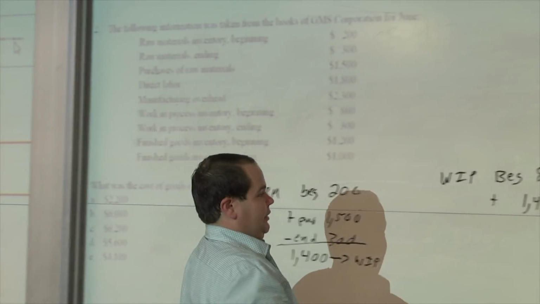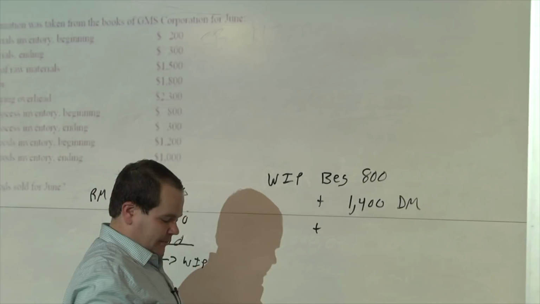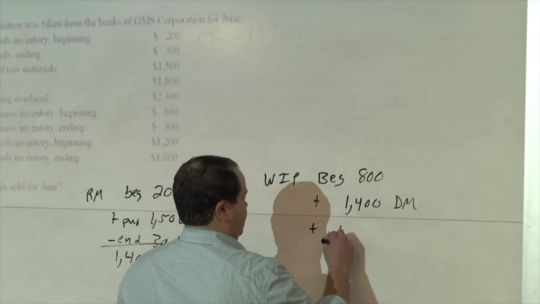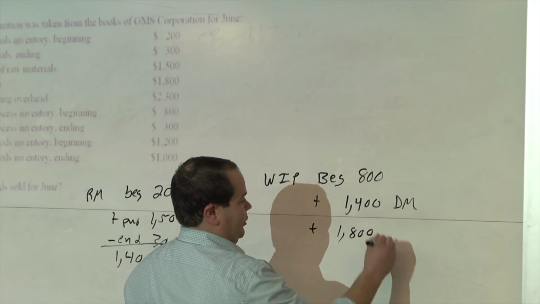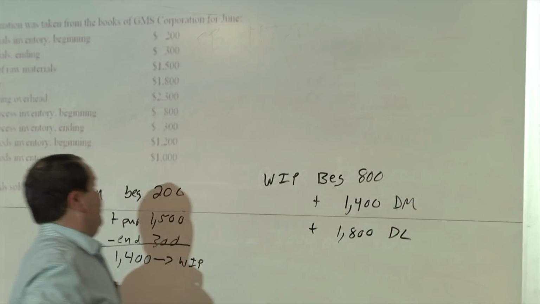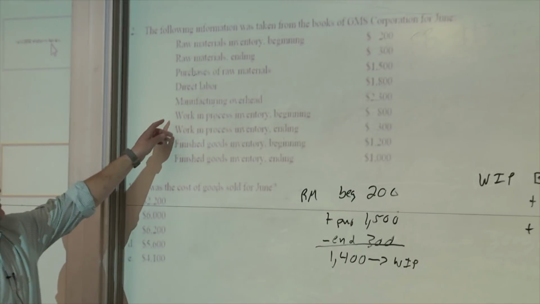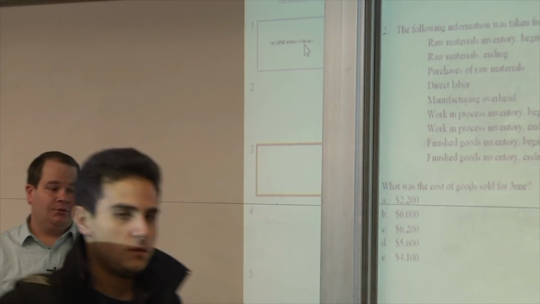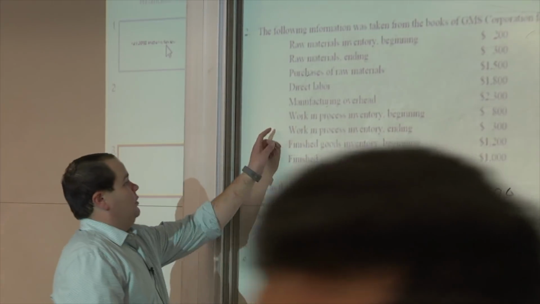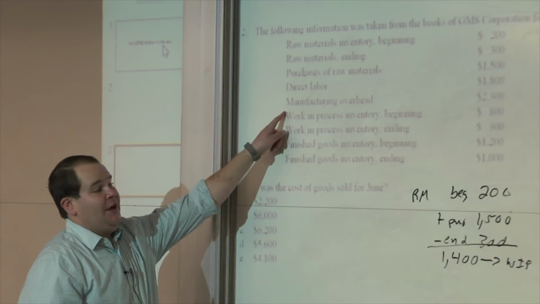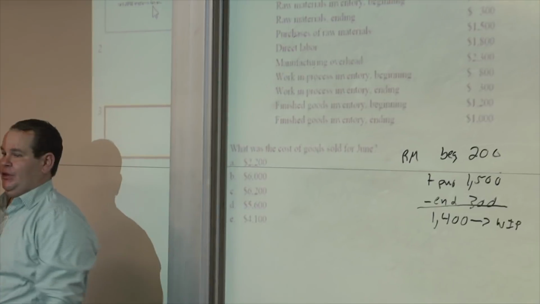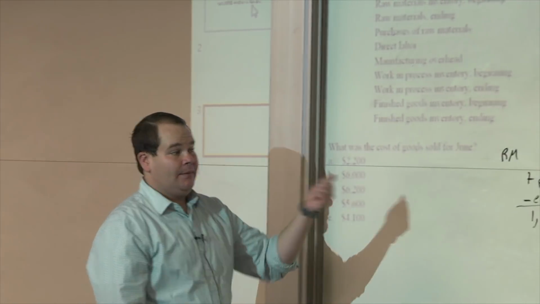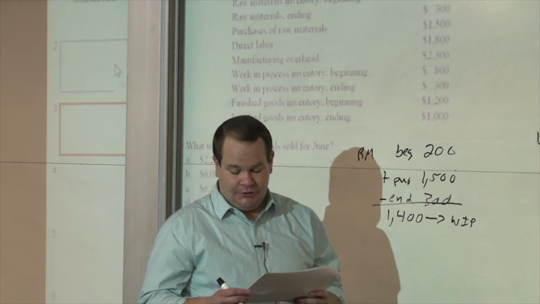The other things we need here: we have direct materials, and 1,800 is the direct labor. Where's that? We just take that right from there. We need to include that in our work in progress. And then finally, where do we have it here? Our manufacturing overhead. Remember the cost of a product: direct labor, direct materials, manufacturing overhead.